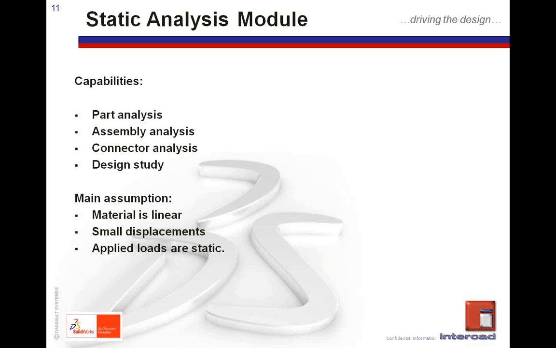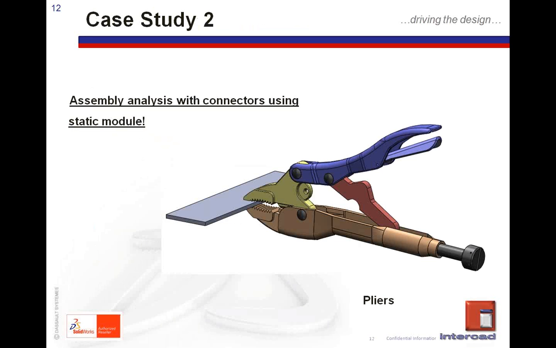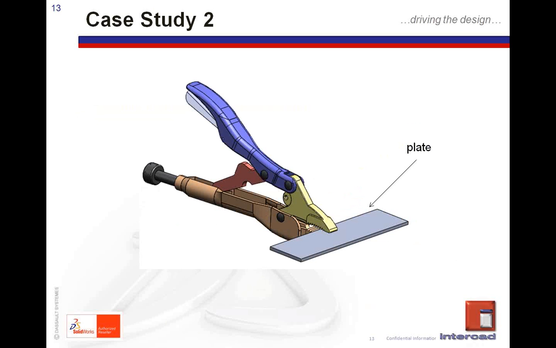But using the static module, you can have much more realistic modeling for your parts or assemblies. Again, we have the same assumptions, so I'll not go through these assumptions again, but we can run linear static analysis. So this is the assembly that we're going to analyze, the pliers assembly.